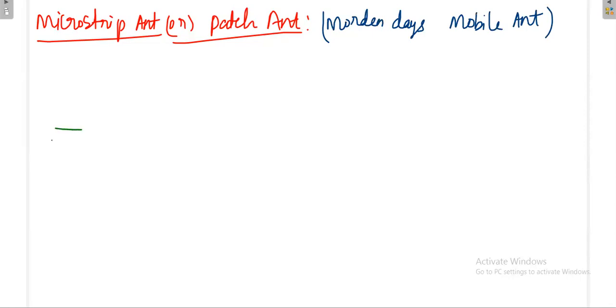You take this like a conductor. This conductor is present above the dielectric material.